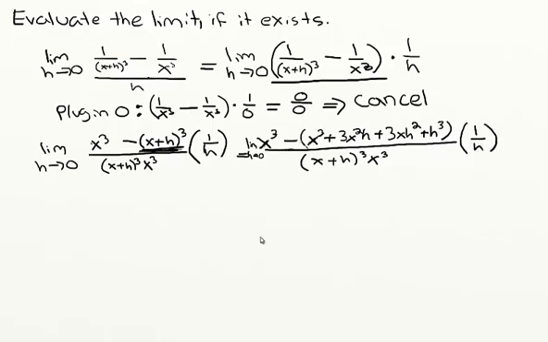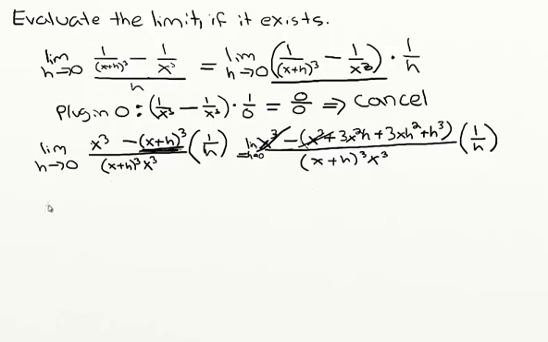So now we're going to notice that this x cubed here actually cancels out with this x cubed here because we have this negative. So now everything that's left in the numerator has an h in it.